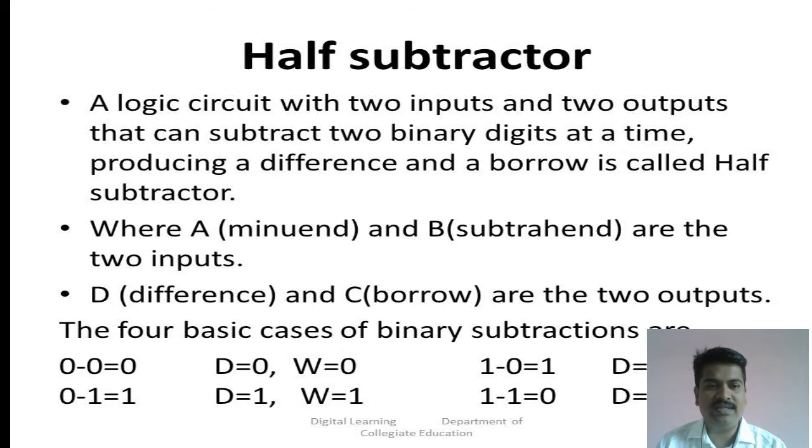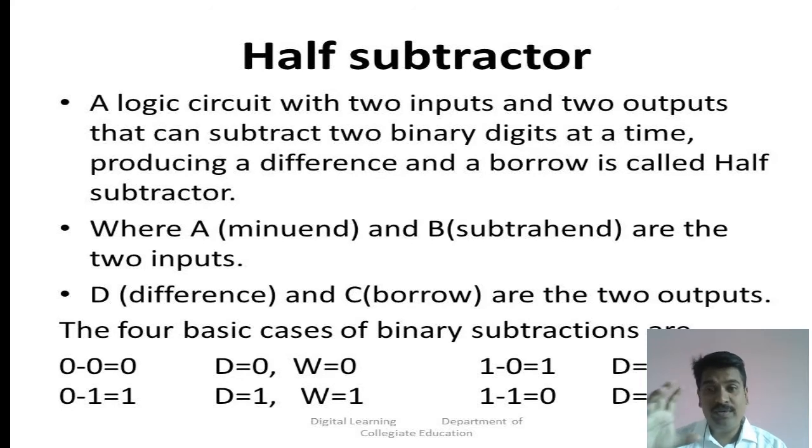That is the precise definition of half subtractor. I'll repeat, half subtractor is a logical circuit with two inputs and two outputs, and that can do the subtraction of 2 bits at a time, producing a difference and a borrow is called half subtractor.